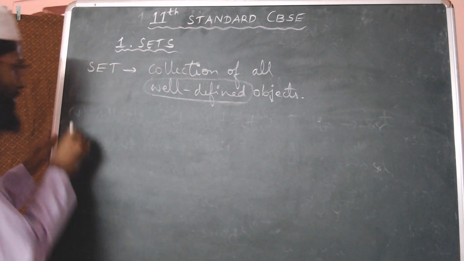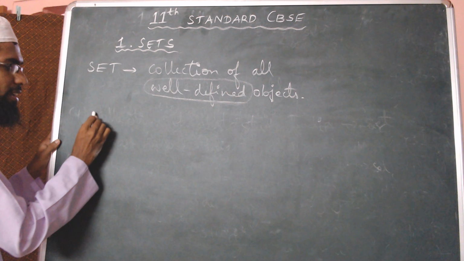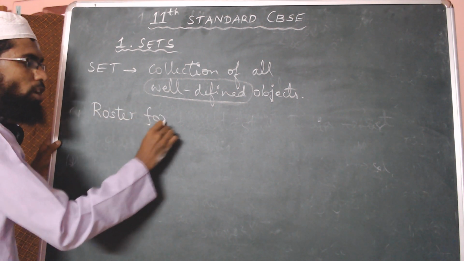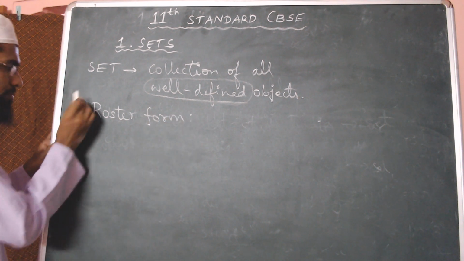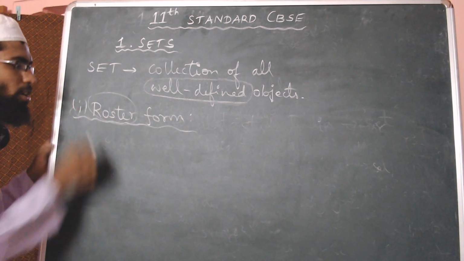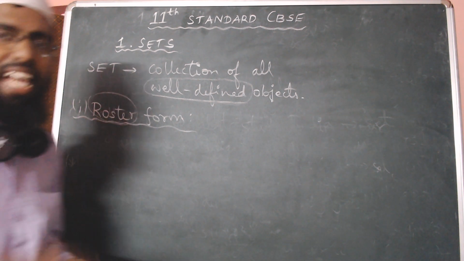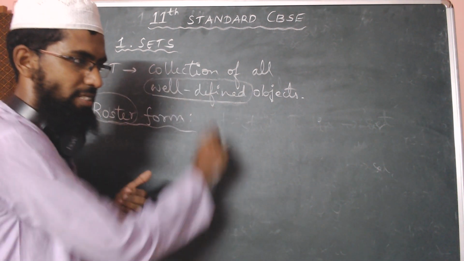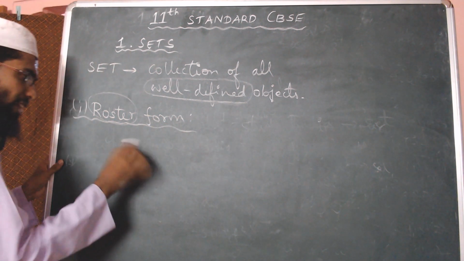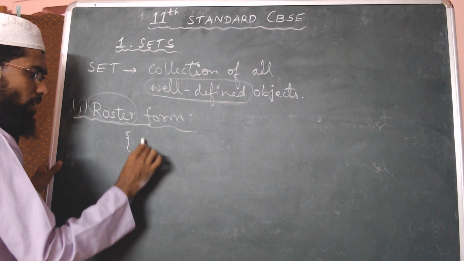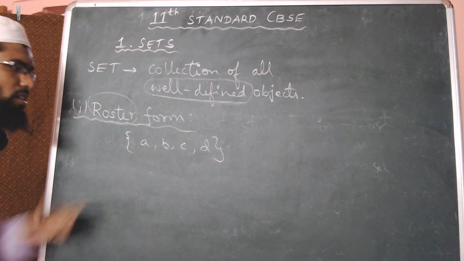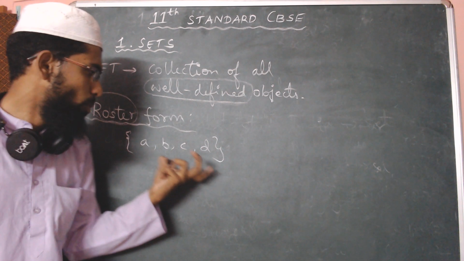So what is the first representation of a set? A set can be represented in roster form. Roster means nothing but listing. The meaning of the word roster is listing it out, and we'll just list it, right? 1, 2, 3, A, B, C, right? So I can write A, B, C, D. Now one more thing.